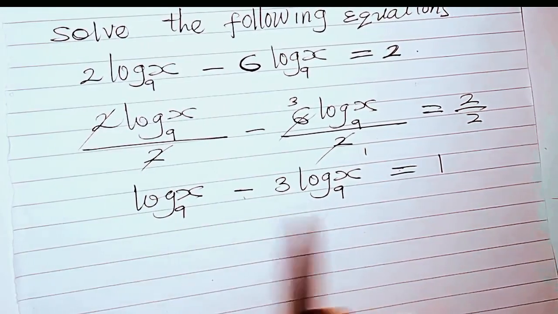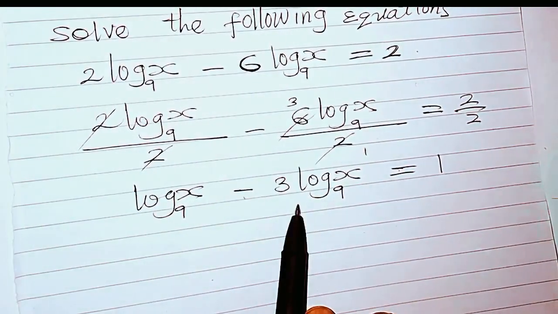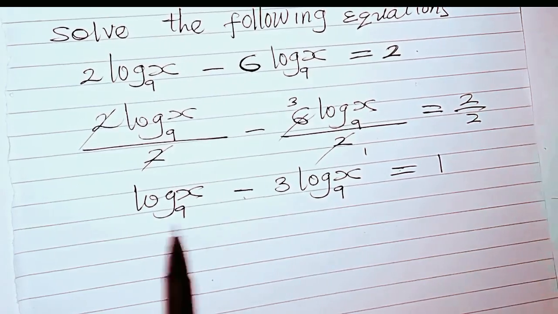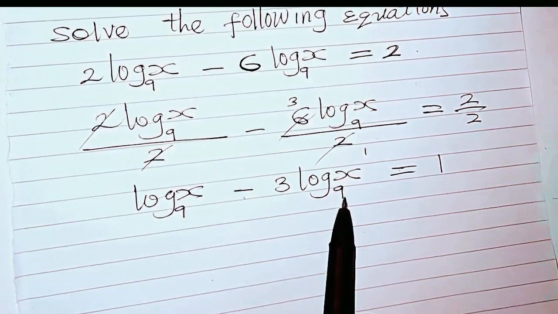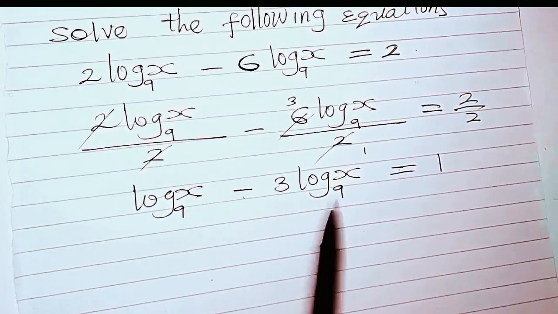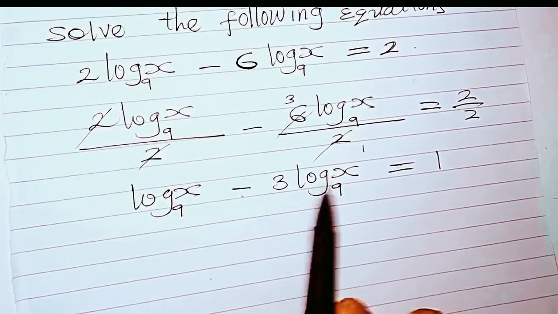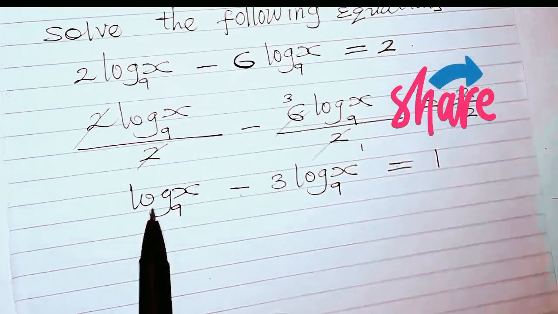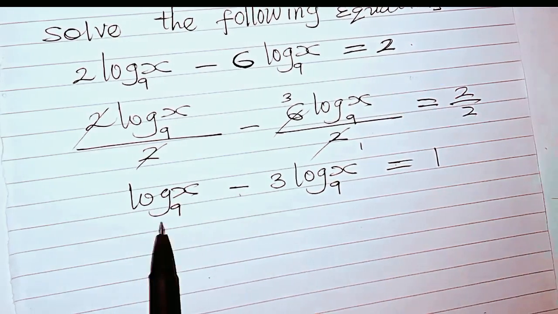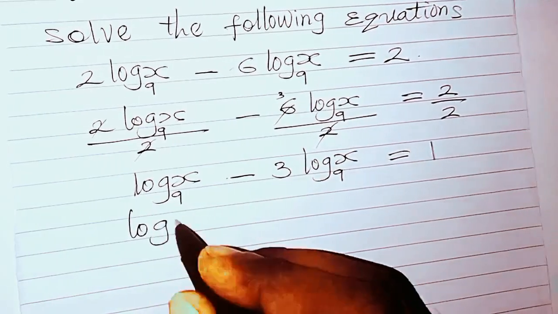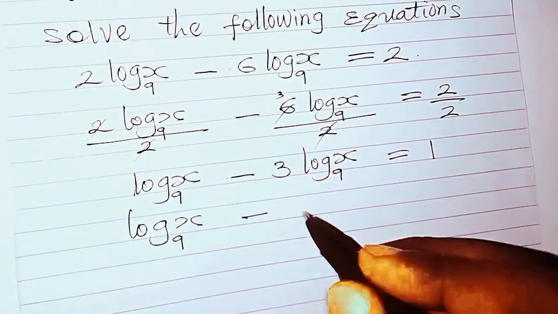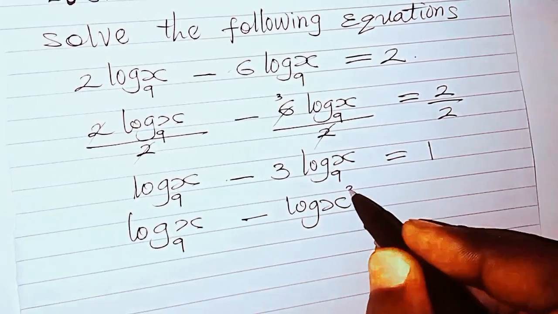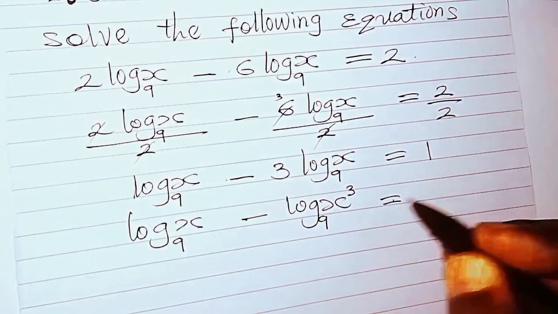And then if you look at the 2 terms we have there, we have base 9 here. So they have the same base. So we can take common logarithm to base 9 of the 2 terms we have there. And that entails us to use one of the laws of logarithm. Therefore, if it is subtraction, this becomes log x base 9 minus log x cube base 9 equal to 1.